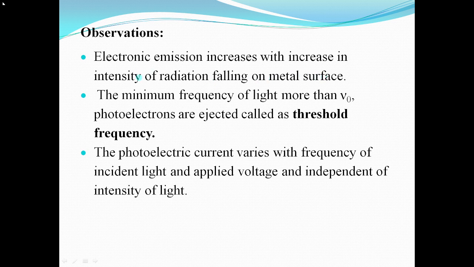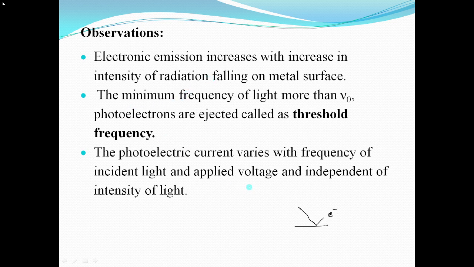That means if the intensity, or brightness, of the light increases, that is, if the number of photons falling on the metal surface increases, the number of electrons emitted also increases. So electronic emission increases as the intensity of radiation increases.